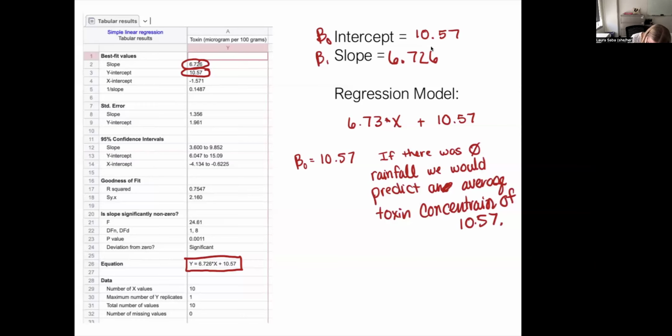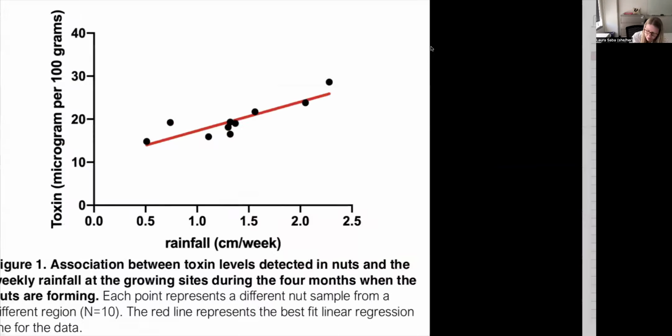For the slope, remember, we're going to go back to our definition. It's the mean change in y when the explanatory variable x increases by 1 unit.